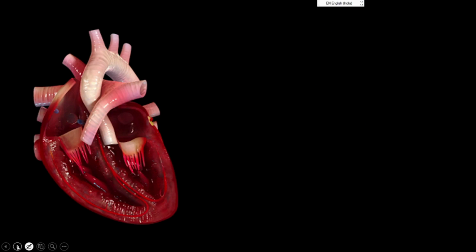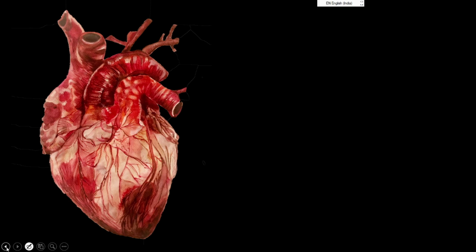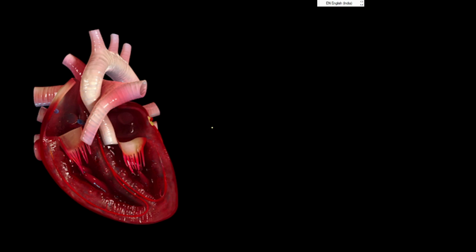This is the structure of the human heart, students: how the human heart functions and what the internal parts of the human heart are. As I told you, this is the bundle of His. Surrounding this, Purkinje fibers will be there.